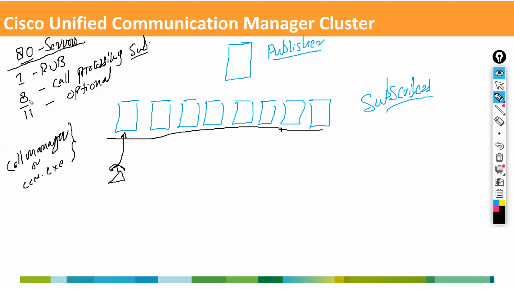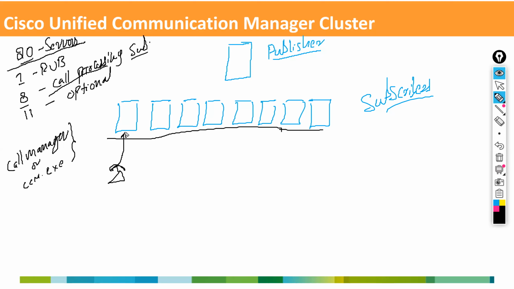You can take any server out of 19 and activate this service. The server on which you have activated the Call Manager service is your call processing subscriber. IP phones are going to be registered on the call processing subscriber.